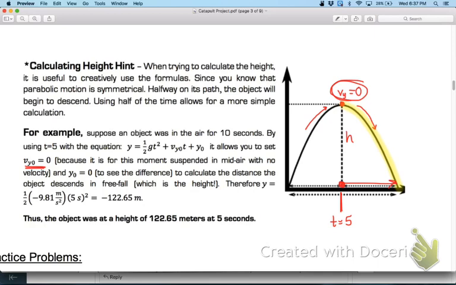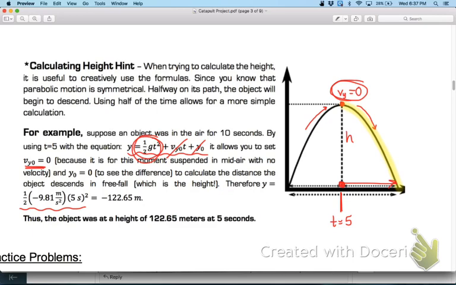So that allows us to take this equation right here, and if Vy initial is 0, this is going to 0 out. And so really this piece of the equation is the only thing we have to work with, which is what they've plugged in here. And so you can quickly calculate a distance of negative 122.65 meters.